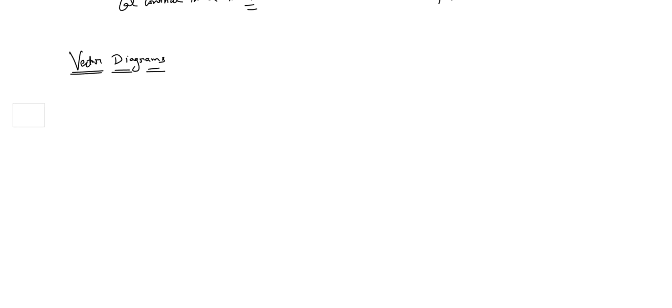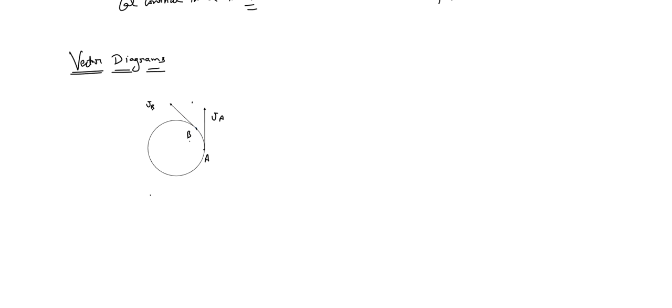This is a circular path, and if I consider 2 points, let's say this is point A and this is point B. Now, on these 2 points, if I write the direction of motion, this will be the direction of motion at A, and this will be the direction of motion at B. So let's say this is VA and this is VB, the velocity at that particular point.